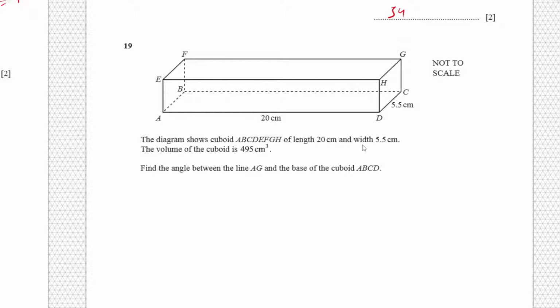L into W into H, right? So we can say length into width into height equals the volume. Find the angle between the line AG and the base of the cuboid ABCD. So essentially this line AG and the base, like that, we're going to have to find that angle.